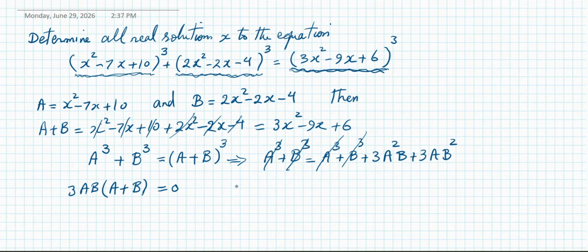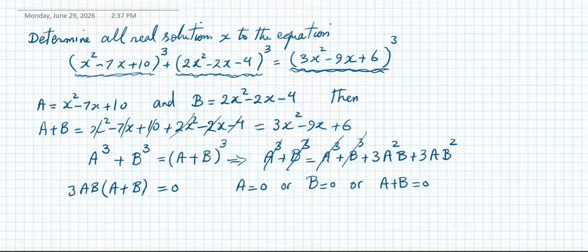From here we find A is 0, or B is 0, or A plus B is 0. So we can test these relationships to find solutions to this problem.